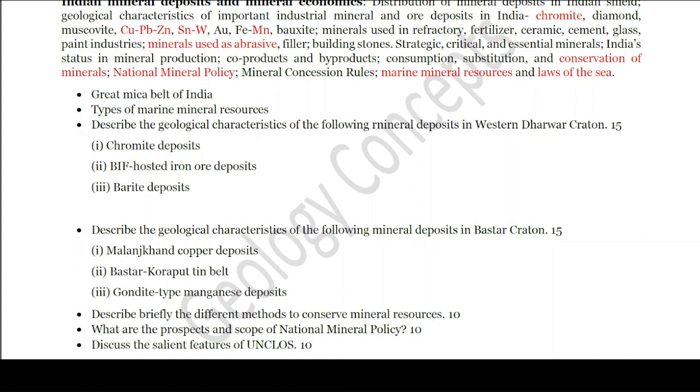The GMB, that is the Great Mica Belt, lies primarily within the states of Jharkhand and Bihar, covering parts of the districts of Giridih, Koderma, Hazaribagh, and Nawada. This question was asked because recently efforts were made to improve the sustainability and ethical practices within the mica mining industry of this particular belt, including the implementation of certification programs and initiatives to eradicate child labor. So this section can be ranked as easy as well.